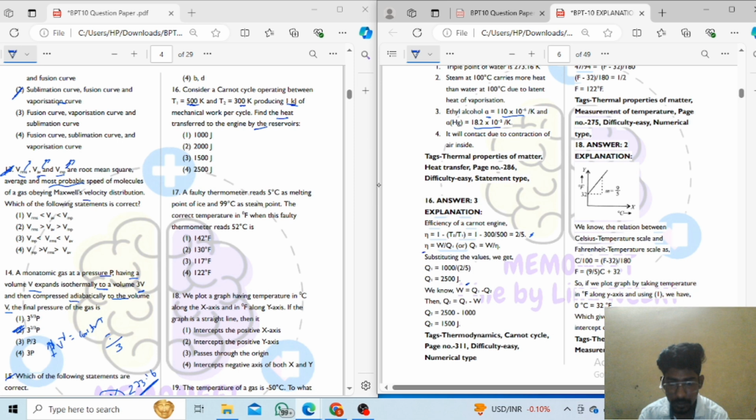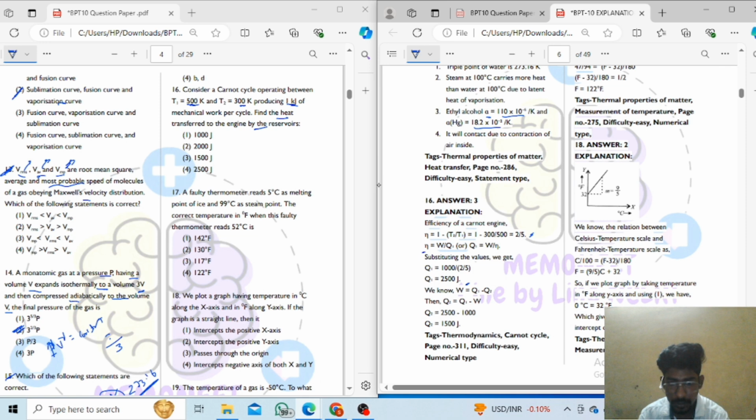Okay, the temperature scale is linear, so we can say that T degree Celsius, the temperature we are calculating, minus the ice point, divided by steam point minus ice point, equals F minus 32 by 180. Right.